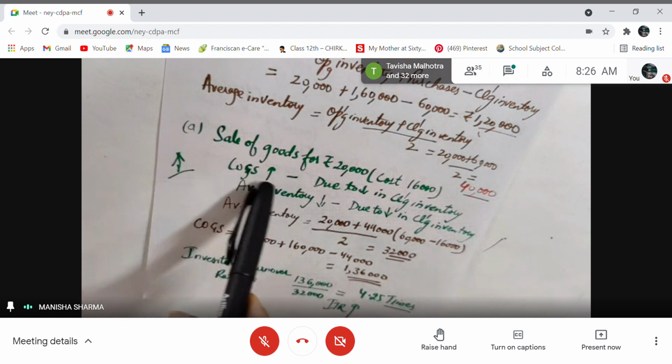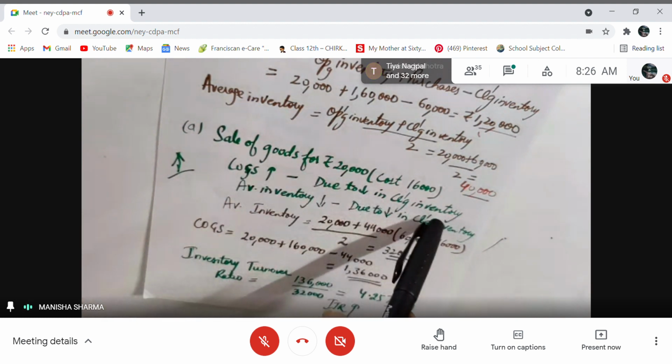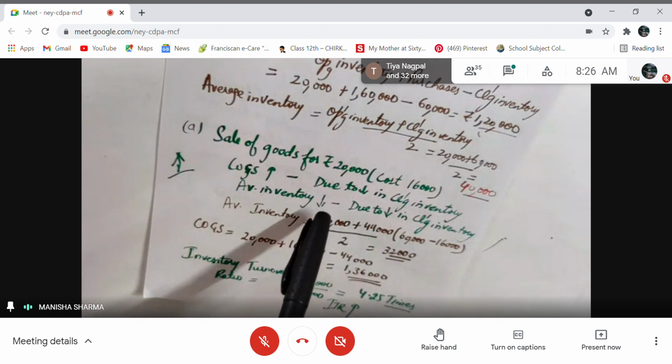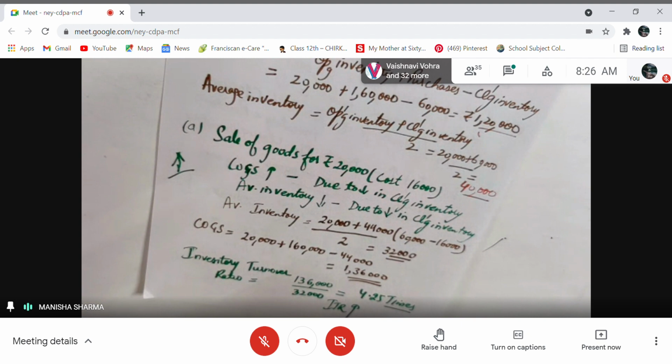So COGS will increase due to decrease in closing inventory, and average inventory will decrease. Why? Because we know that average inventory is opening plus closing inventory divided by 2. If closing is decreasing due to sale of goods, of course the numerator is decreasing. It means average inventory will decrease.